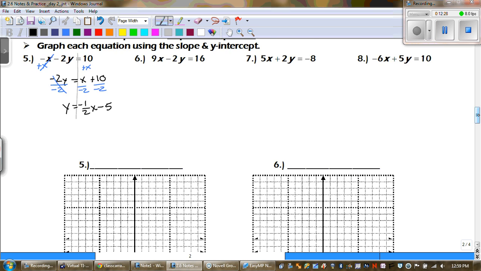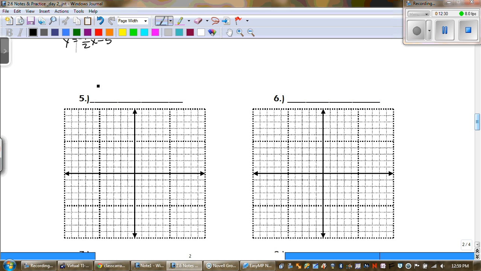Okay, so right down here on number 5, I'm going to write that y equals -1/2 x minus 5. Now me, I like to know that my slope is -1/2. I kind of write these things on the side just so I remember, and that we start at -5.